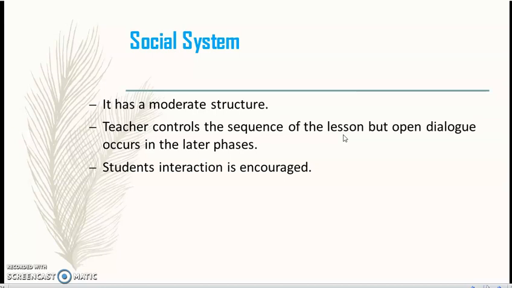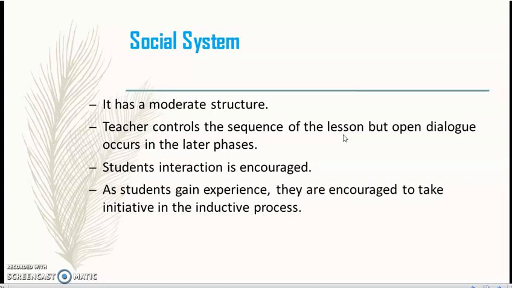Students' interaction is encouraged because without asking questions about the essential attributes or the characteristics of the example presented, it is not possible to go ahead with the given model. And as students gain experience, they are encouraged to take initiative in the inductive process. As we have seen in phase 2, they are given an opportunity to add unlabeled additional examples, so here they are encouraged to initiate the process on their own.